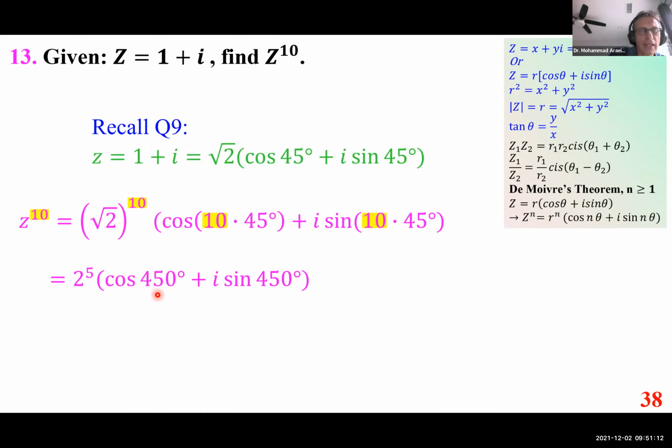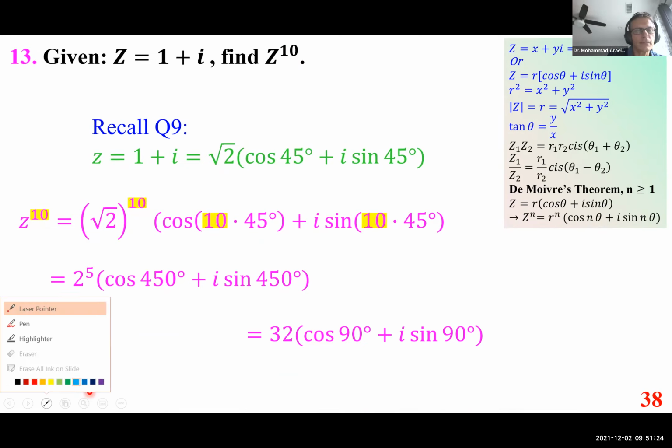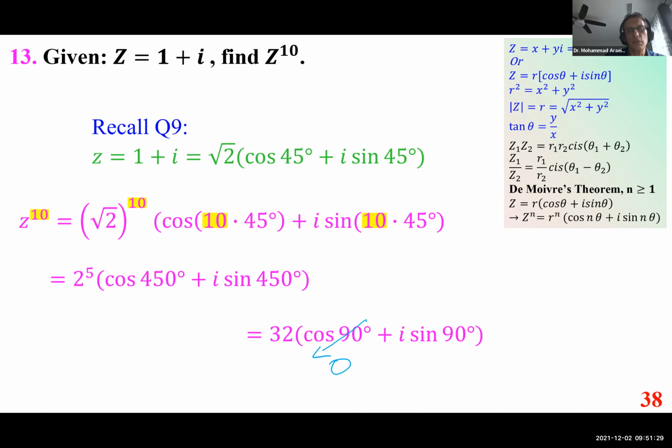So subtract 2 pi or 360 degrees and they both become 90. Cosine of 90, we know it to be 0. Sine of 90, we know it to be 1. And the final answer is 32i.